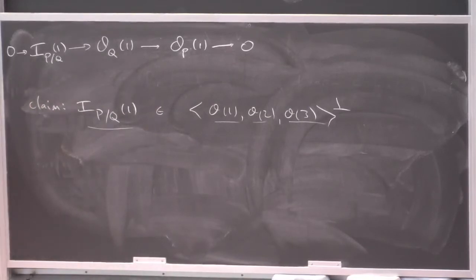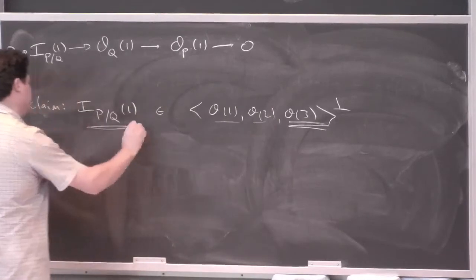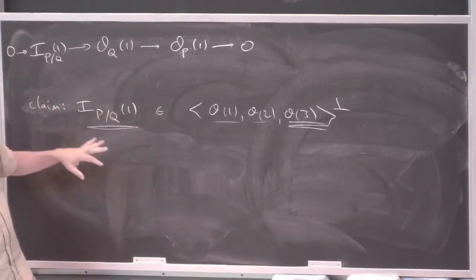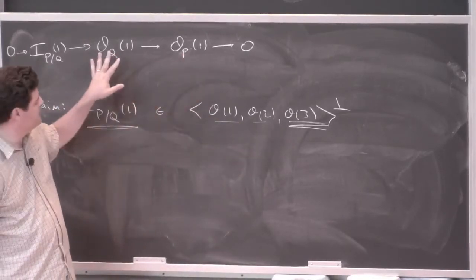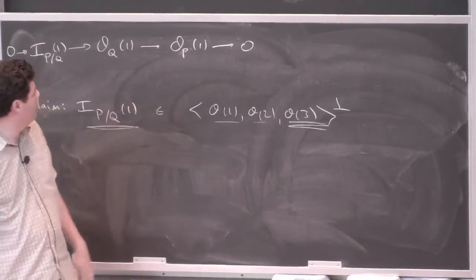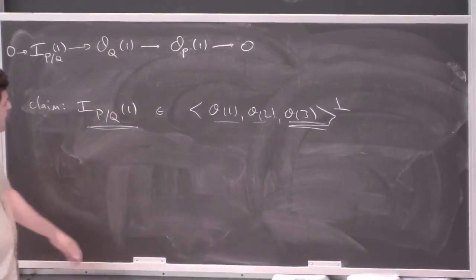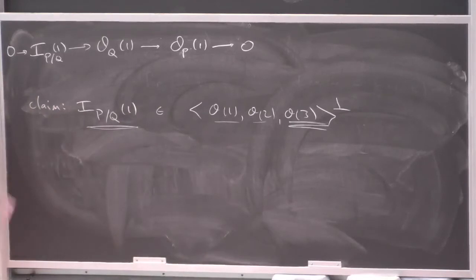So why is that? Well, first, if I take Ext from O of 3 to this, from this exact sequence, there were already no Homs from O of 3 to this or that. No Exts from O of 3 to this or that, and so there are no Exts to this new thing. We haven't messed that up. Similarly, there are no Exts from O of 2 to this or that, so we haven't messed that up.